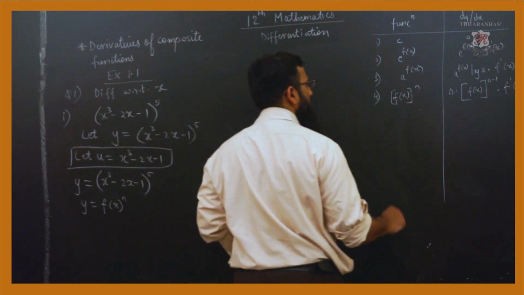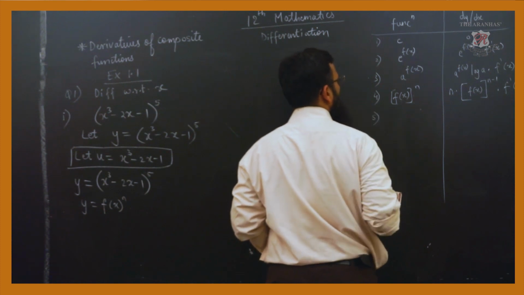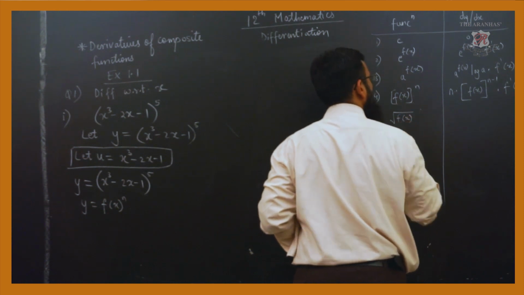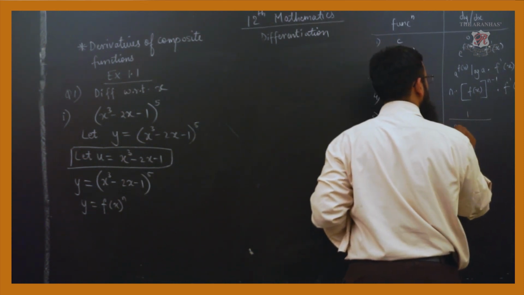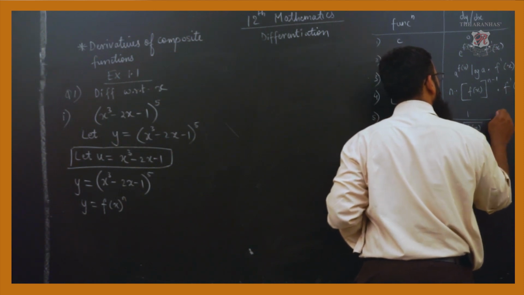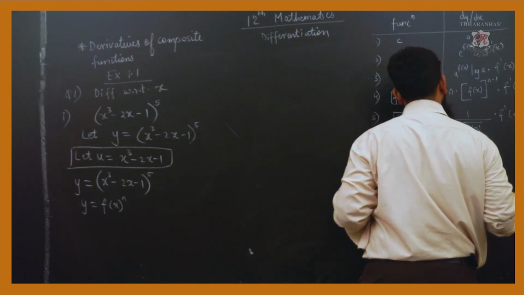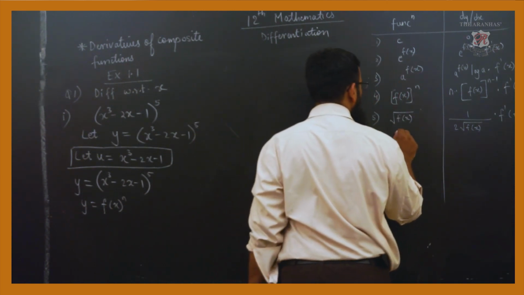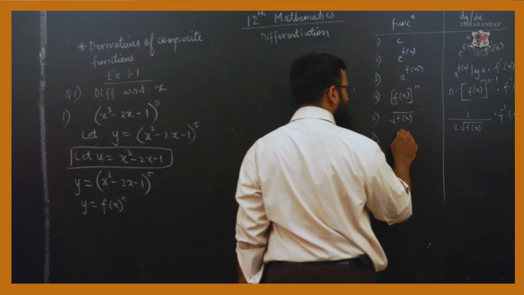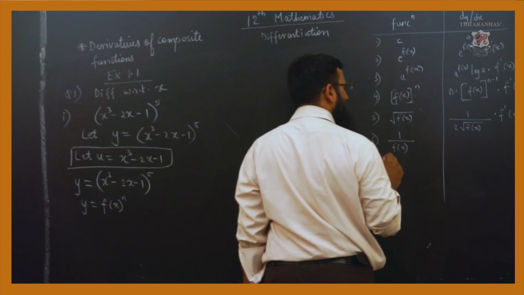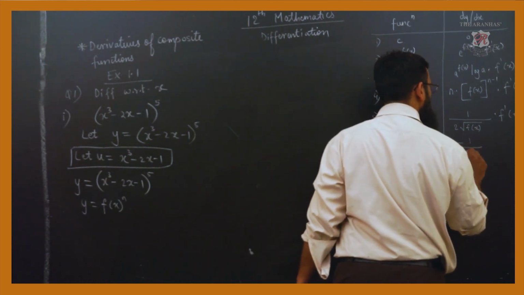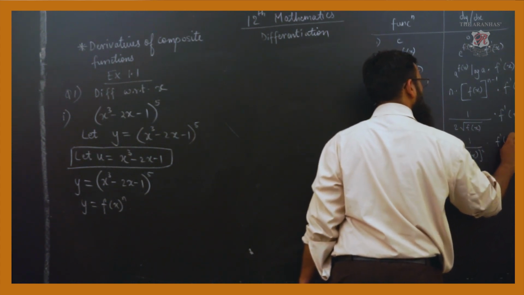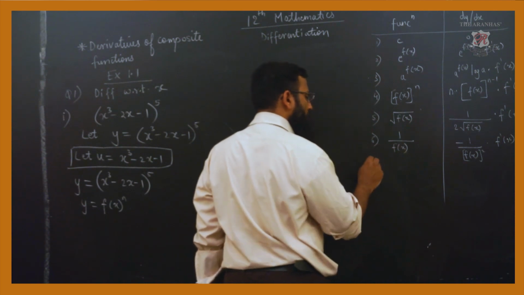After that, if it was root f(x), the answer will be 1 upon 2 root f(x) into f dash of x. Then we had 1 upon x, which was minus 1 upon x square. Today, if we have 1 upon f(x), it will be minus 1 upon f(x) the whole square into f dash of x, and so on.